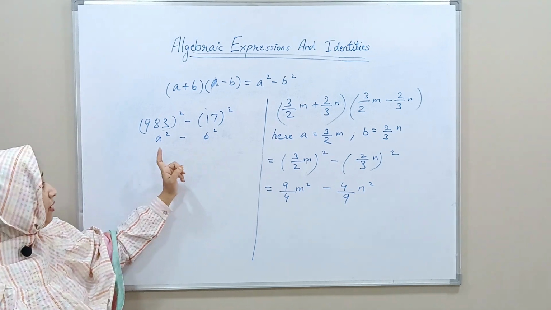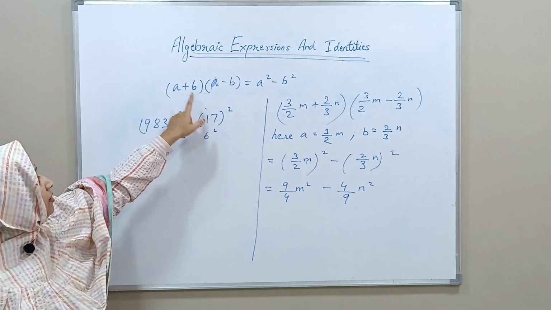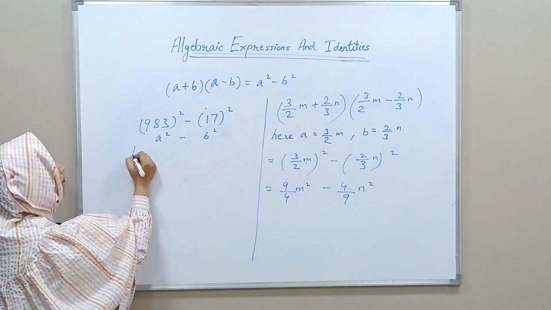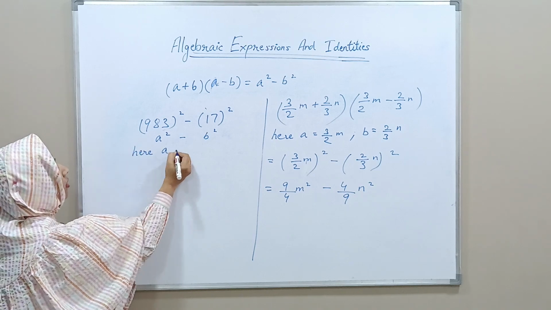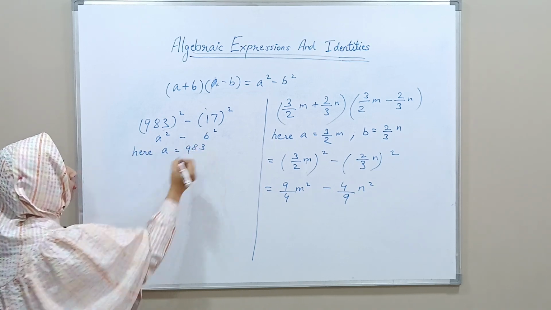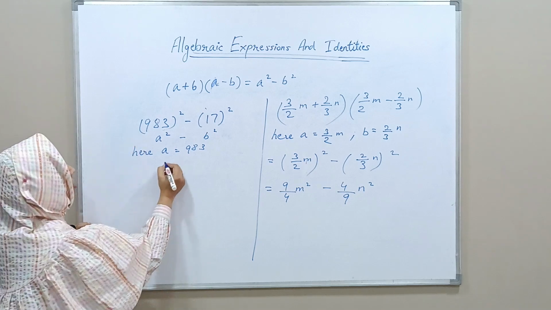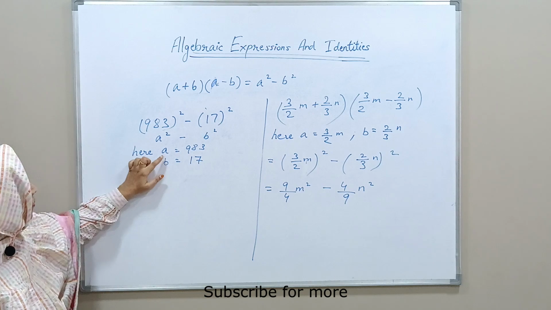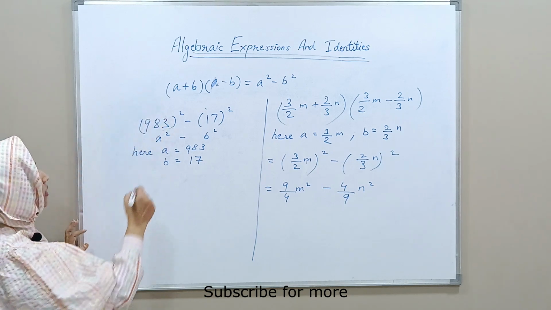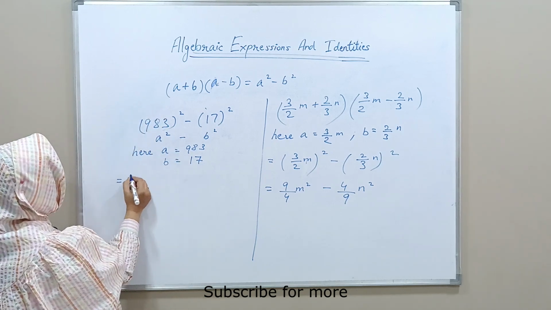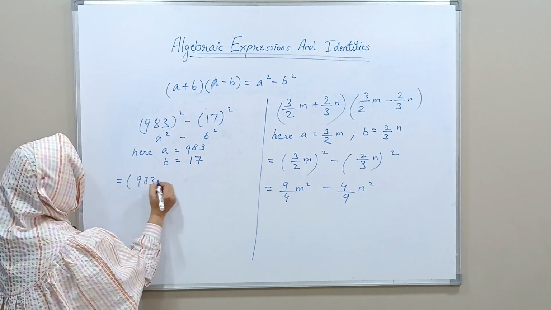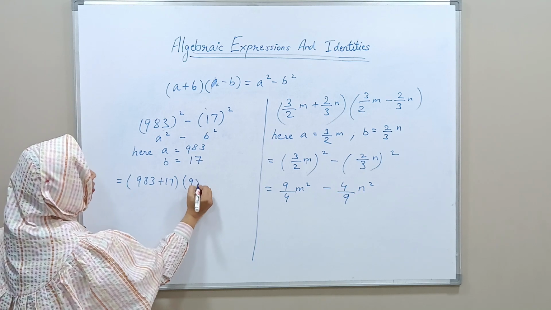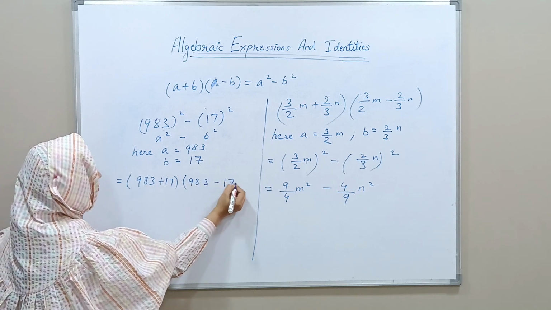So we can say that a square minus b square is equal to (a plus b) into (a minus b). So here a is equal to 983, right, and b is equal to 17. So putting in this identity, we say a plus b, so this is equal to (983 plus 17) into (a minus b).